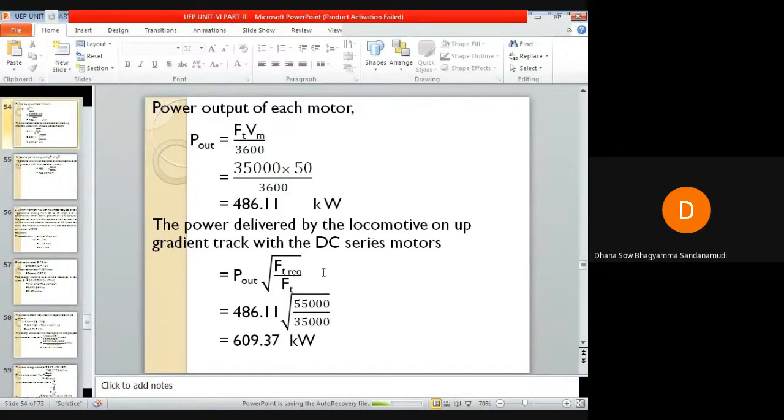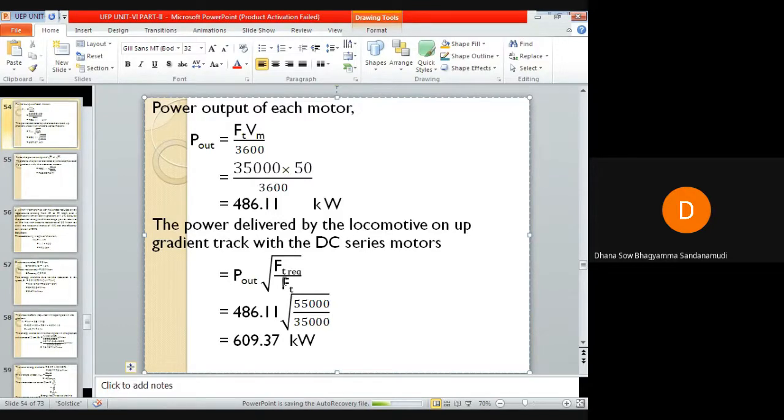Now here they have mentioned in the problem that the locomotive is driven by either a DC series motor or an induction motor. So we have to determine the power delivered by the locomotive when it is driven by each. Let us start with the DC series motor. Power delivered by the locomotive on an up gradient track with the DC series motor: the formula is P out into root of the tractive effort required by the tractive effort already exerted on the train on the level track.